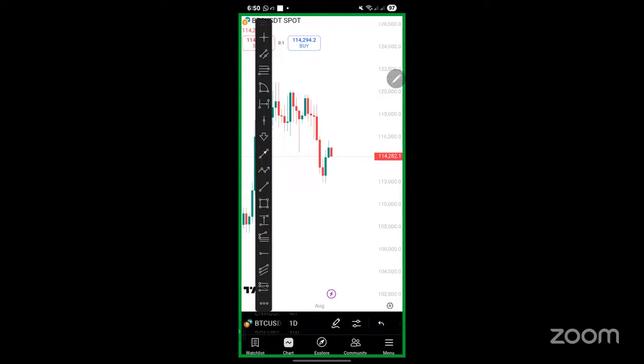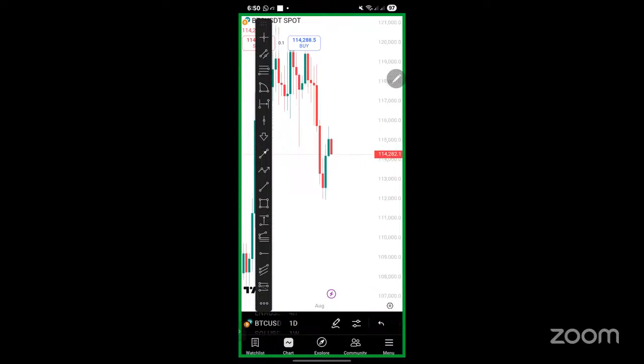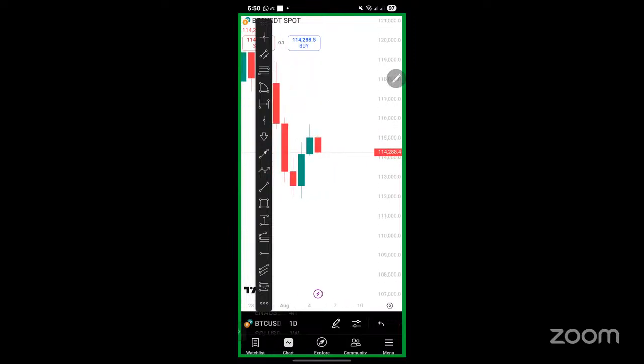What we are going to look at today is candlestick analysis. I don't want to trade using any indicator. Let me first track BTC and its movement.